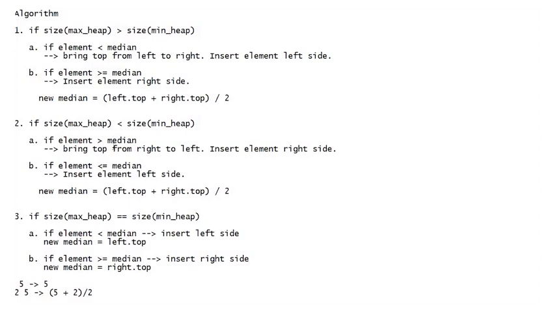Each of these steps 1, 2 and 3 takes log n time, though I am taking n as the size of the array each time, which is not actually true because n is varying. At first n is 1, then 2, then 3, and it increases gradually with the increase in size of the heaps.